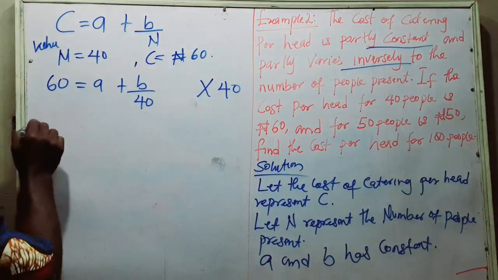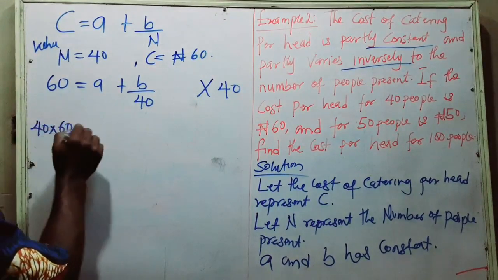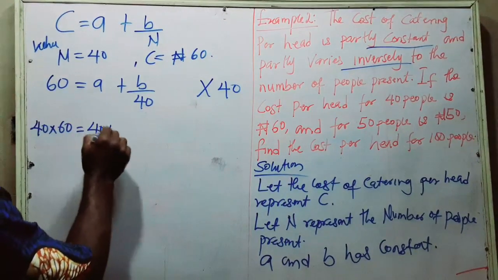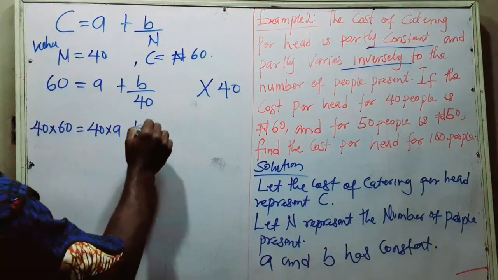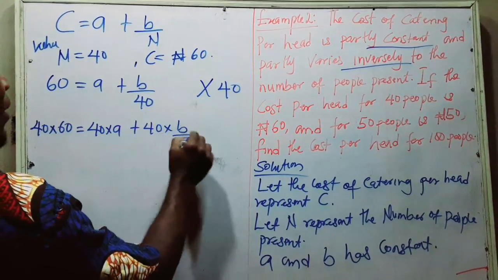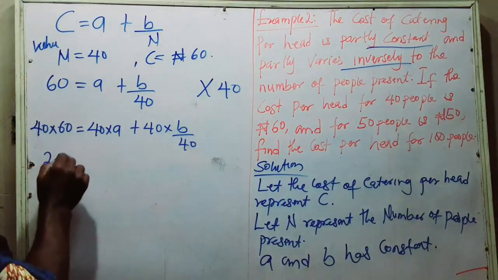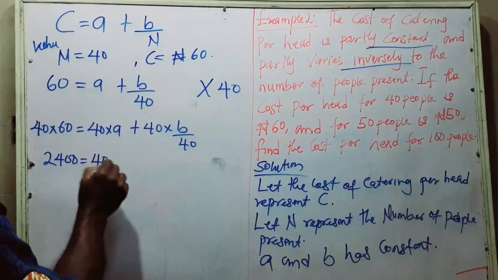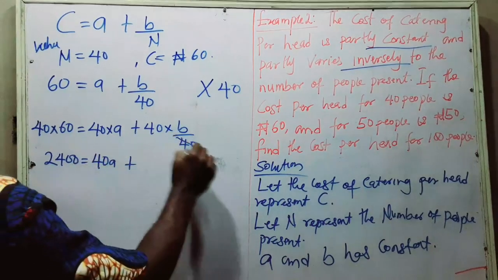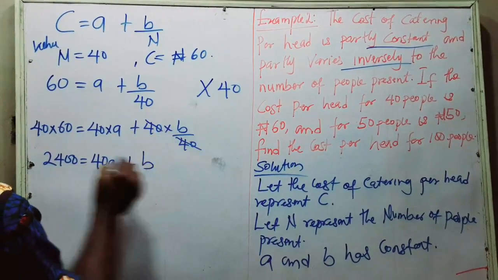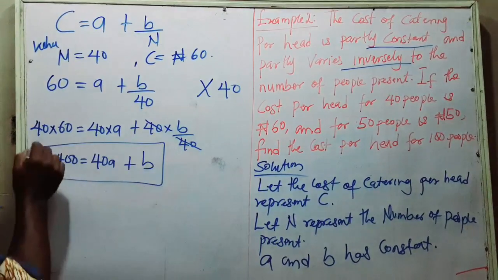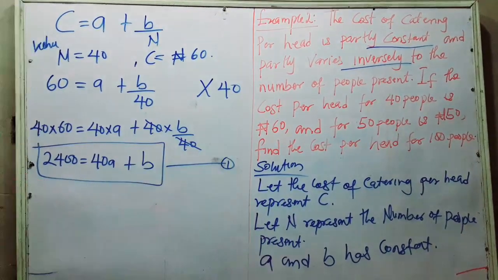So we have 40 times 60 is equal to 40 times A plus 40 times B over 40. So we have 2,400 is equal to 40A plus, we cancel this, B. This equation we call equation 1.